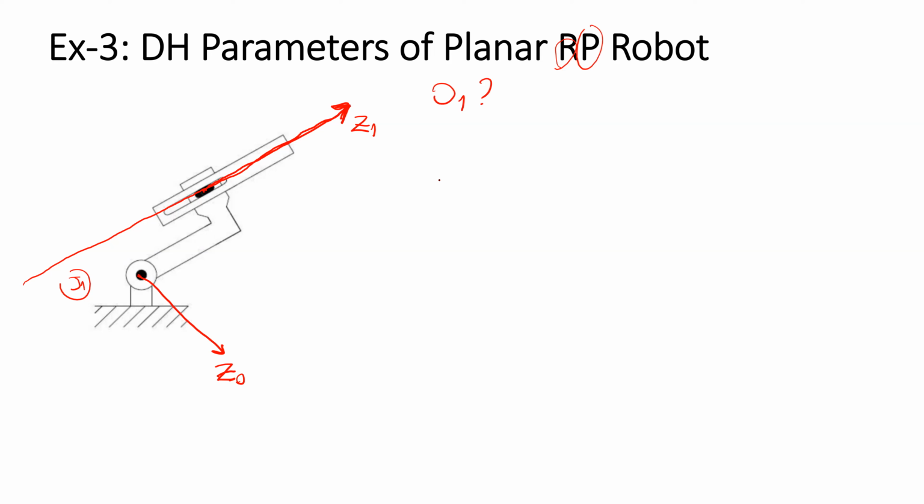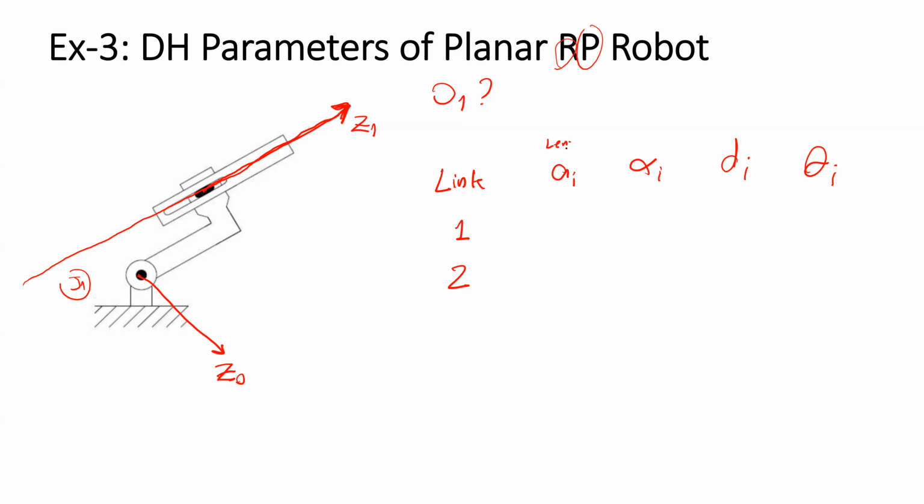In the DH parameter table, we have only link 1 and link 2. And the parameters will be length, twist, offset, and the angle.